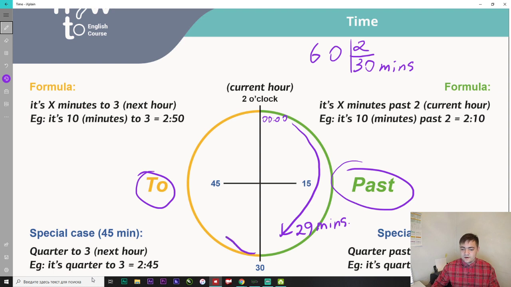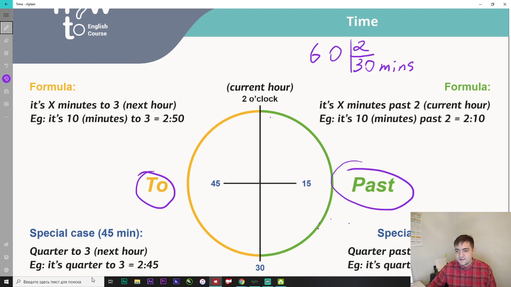The second part goes from 31 minutes till 59 minutes. Okay? So we have 2 parts here. Alright. So this is how we express the time here. As you can see, we have past. And you can also see the formula for our green part, which is the first part, right?